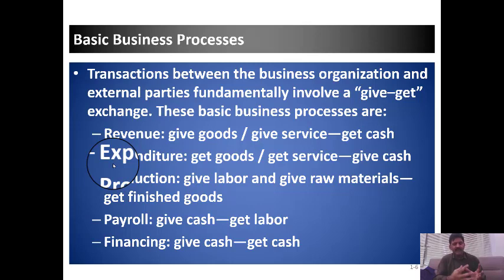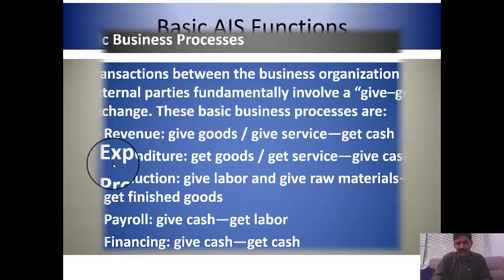Financing means where the money comes from. So the bank gives cash, and then finally we give cash to the bank. Give cash and then get cash. You understand? I hope the business processes are very simple to you, because you studied many things about the revenue cycle, expenditure, production, etc. Let's move forward.